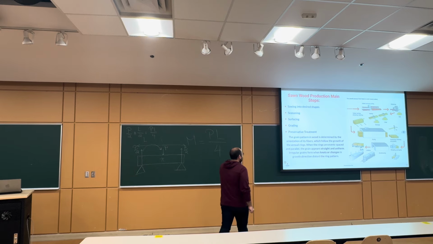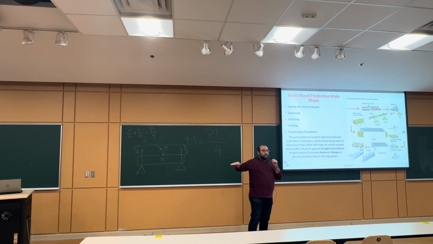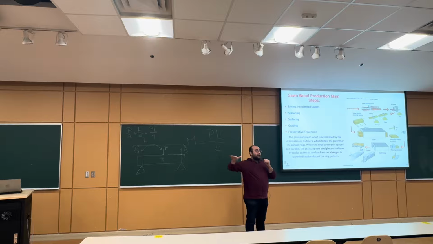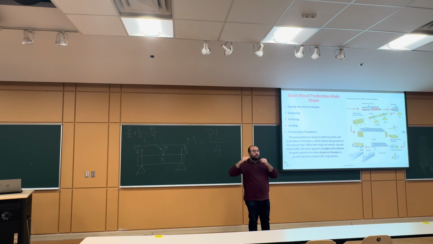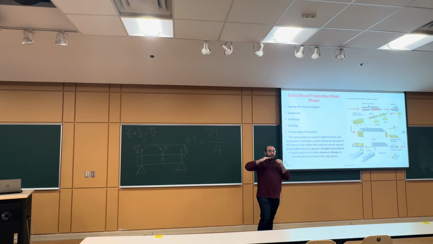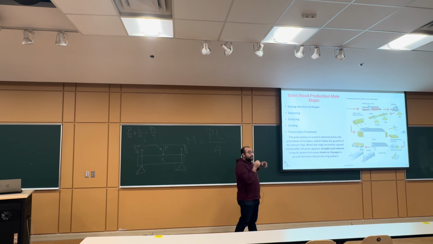Then after seasoning, we have the surfacing process. Surfacing is simply cutting the surface of the material to level it up, so that when we use it in construction, we don't have any orientation errors or any angular errors that we do not desire. Then after the surfacing, we apply inspection.